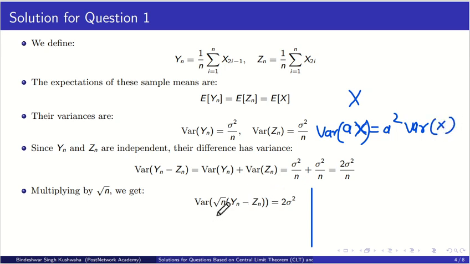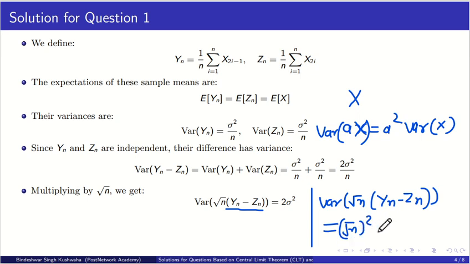So the variance of root n times (yn minus zn) would be root n square times the variance of the difference of these random variables.